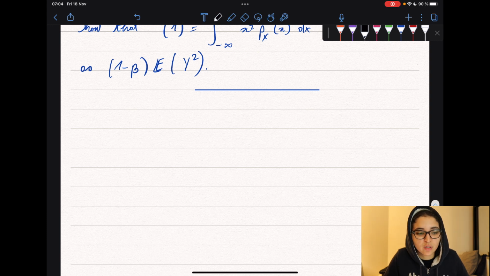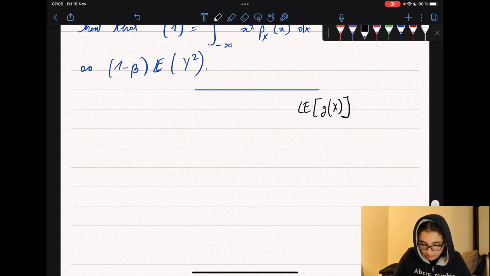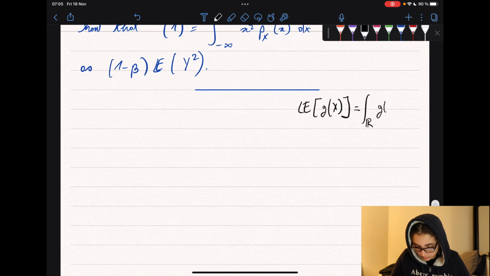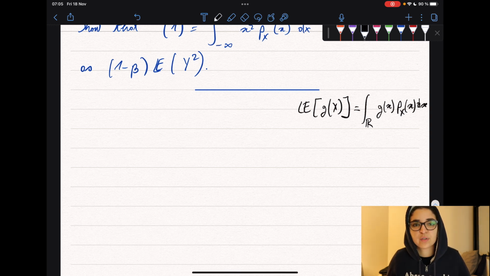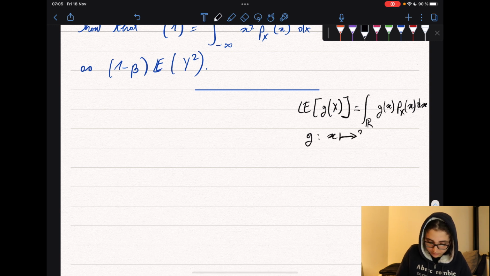And here we're just going to use the law of the unconscious statistician, which states that for any function j, if we compute the expectation of j of x, or in this case j of y, then it's equivalent to the integral over R of j of x times p x of x dx, and here we're just going to use the random variable y instead of x, and the function j will be in our case the square function.